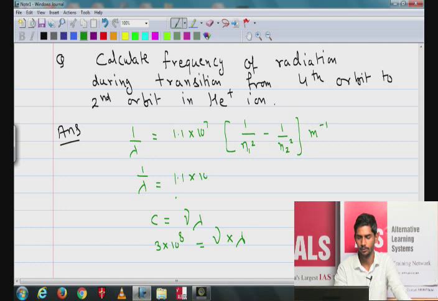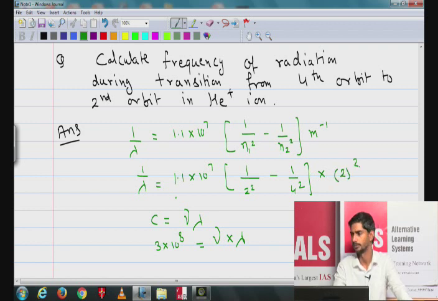1.1 into 10 to the power 7, 1 upon 2 square minus 1 upon 4 square into helium, so you will say it is 2 square. Do it. Here you have to put atomic number as well. Solve it now.